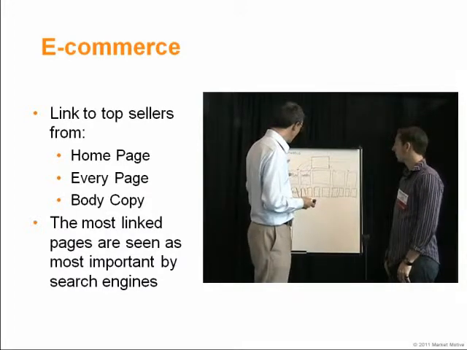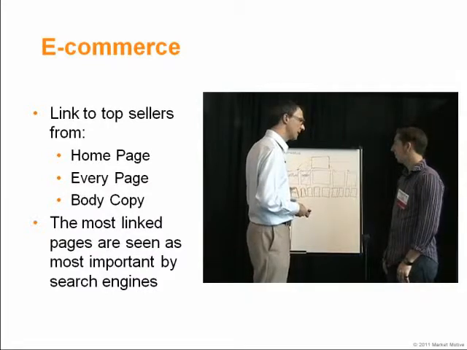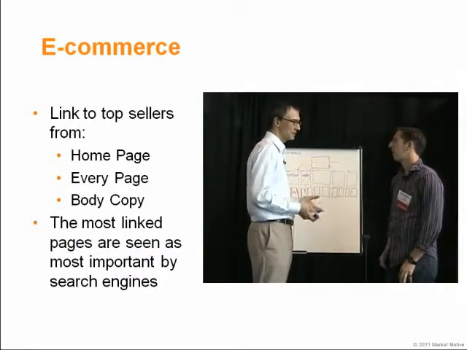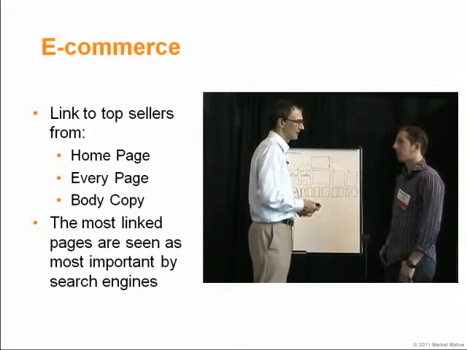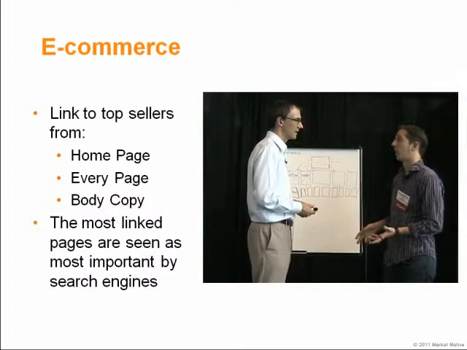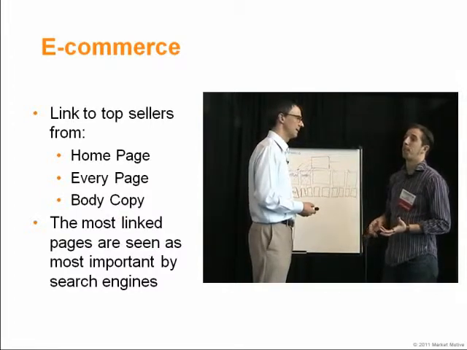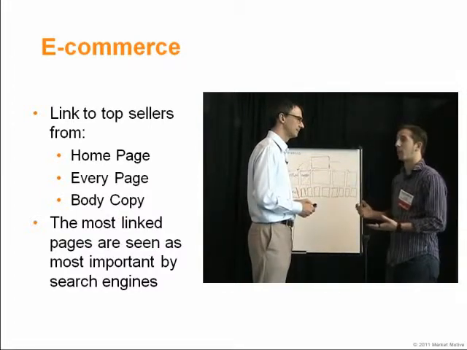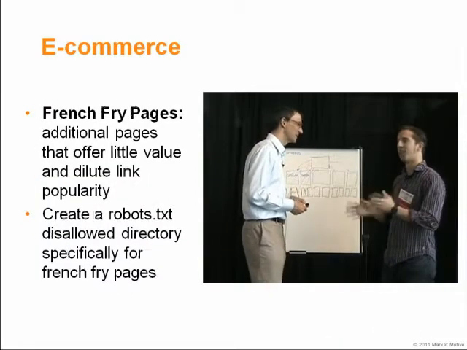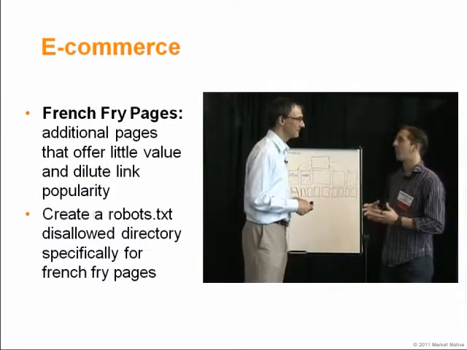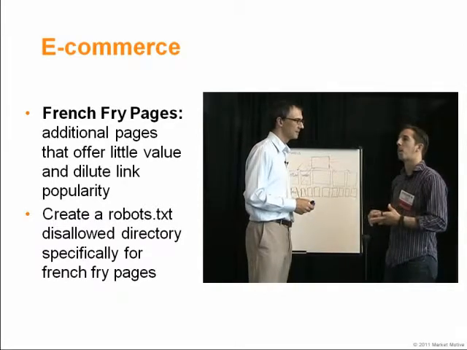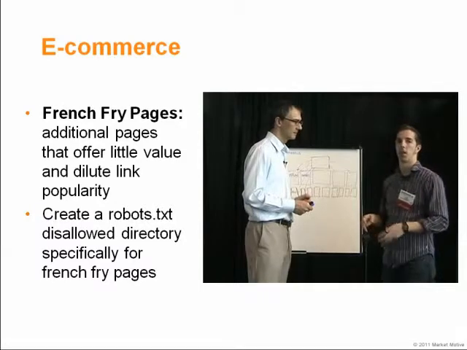So when we link from the home page to these pages, that's all straightforward. What about from the categories of the product? I assume there that we just end up, it's like a directory listing. You sort of got to link to everything. Yes, I would say you really have to list all the products within the category. Now that being said, we were talking earlier about Tedster's term, French fry pages. I love the term French fry pages, and what a French fry page really is, is a product that people probably aren't going to come into the site for.